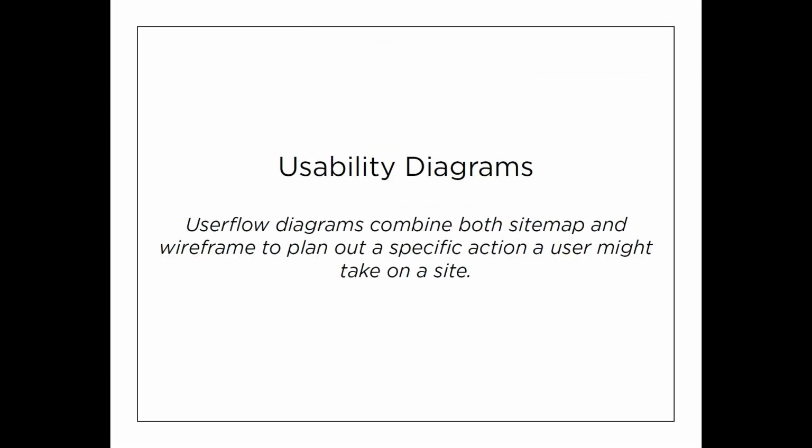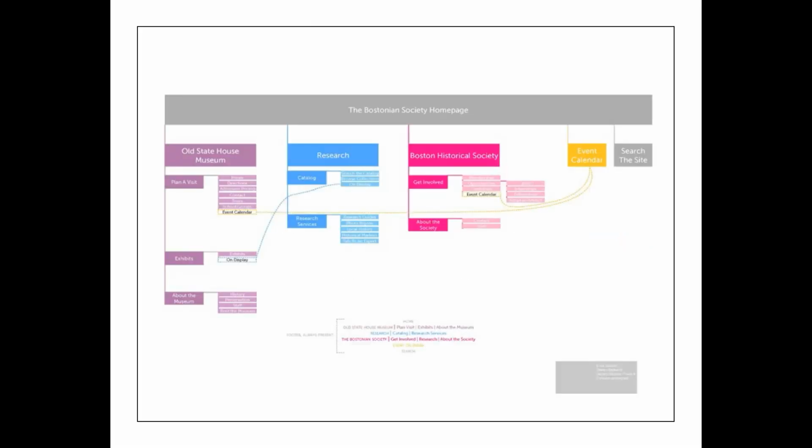Usability diagrams, or user flow diagrams, combine both sitemap and wireframe to plan out a specific action a user might take. I think we talked about this before. A usability diagram, again, is not necessarily a sitemap, though in this case it is. However, there are these dotted elements that actually go to certain things. So how the person is using the site becomes critical.